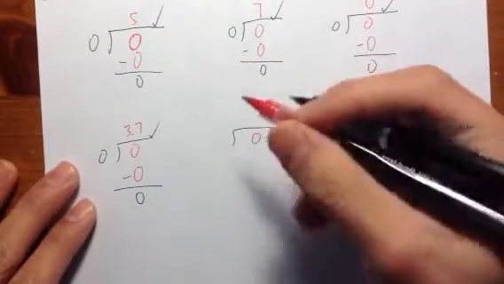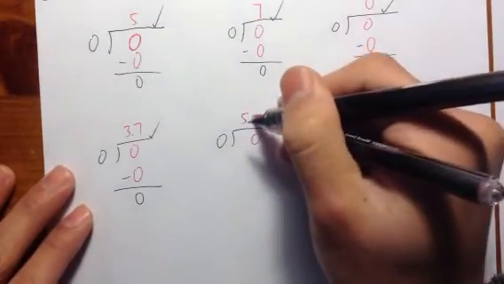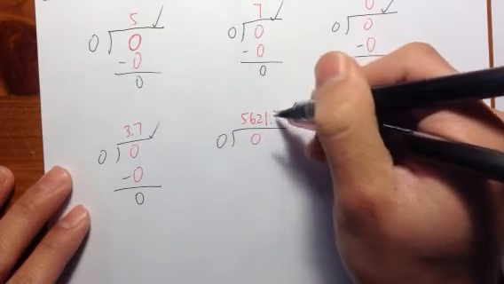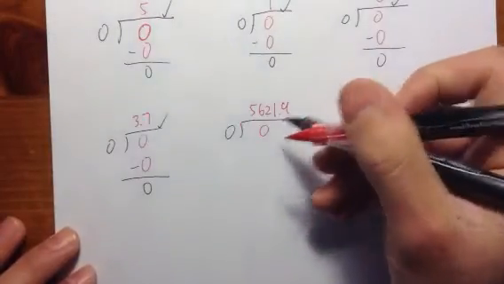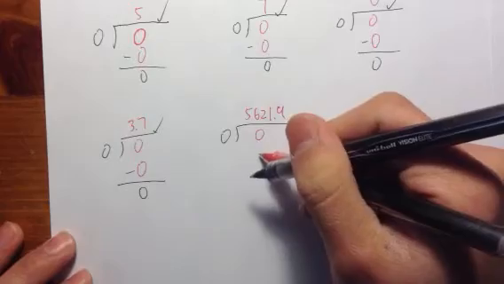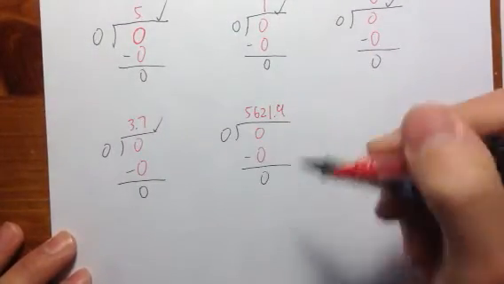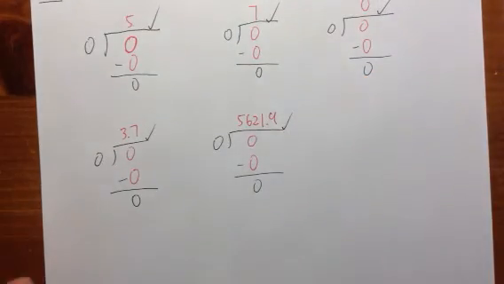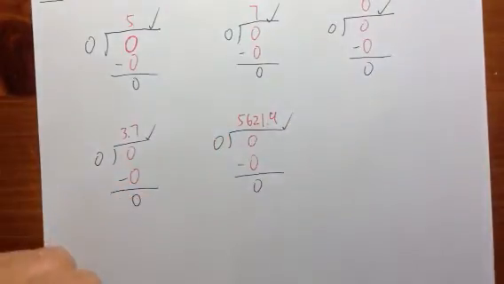One more, 0 inside, 0 outside. I want to try 5,621.9. Could this be the answer? Yes, because this number times 0, guess what? It's equal to 0, and when you subtract, you get a remainder of 0. This number could also be the answer when you are doing 0 divided by 0, right?